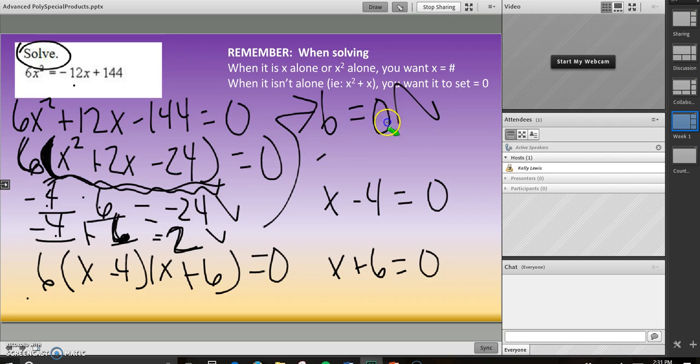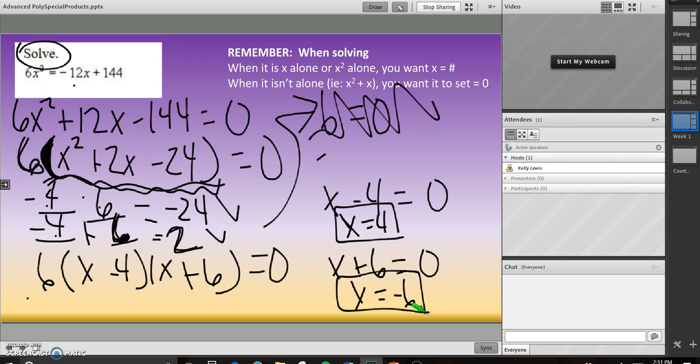Okay, well 6 will never equal 0 in any world, so just ignore it. And then here, x minus 4 equals 0. I'm going to add 4 to both sides, so I get positive 4. Okay, and then here, I'm going to subtract 6 on both sides, so I get negative 6. So I get 2 answers, not 3 answers. I get 2 answers because of that squared right there.